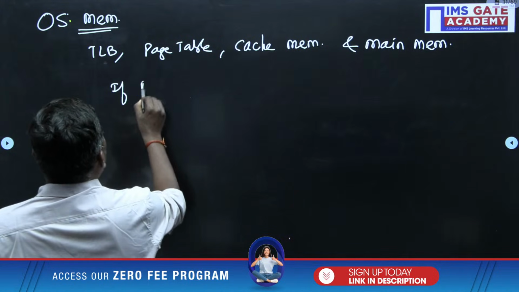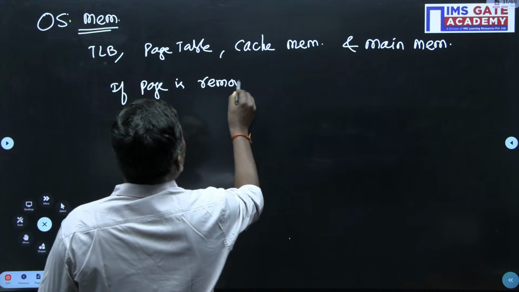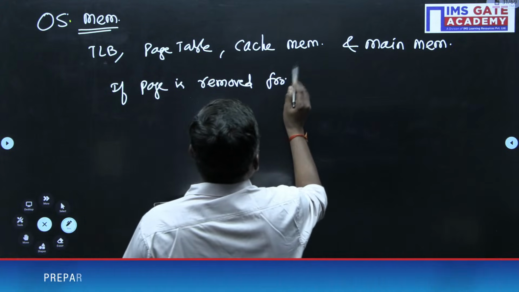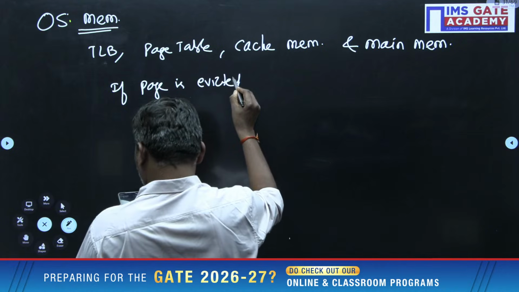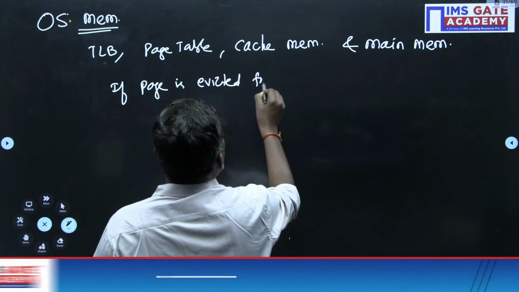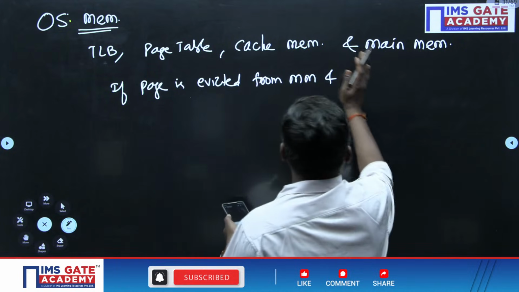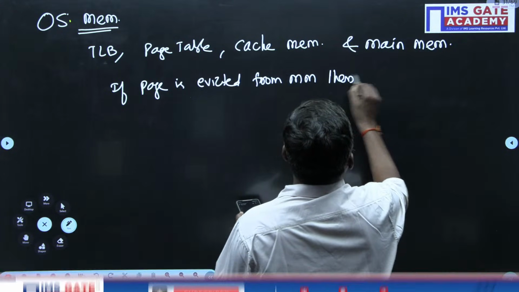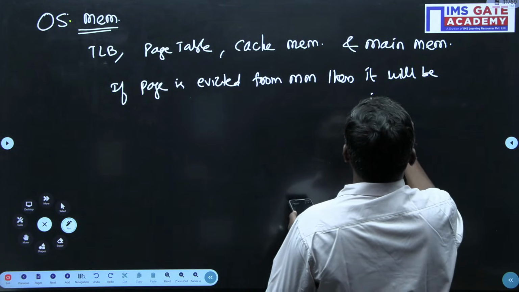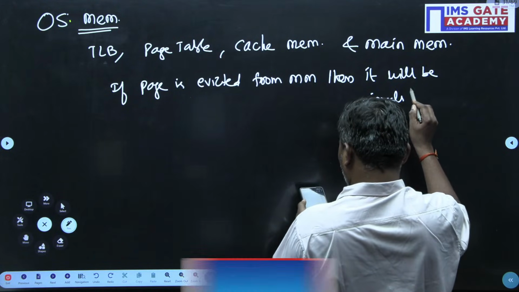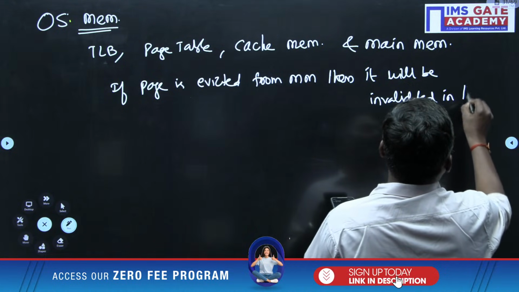So now if a page is evicted from main memory, then it will be invalidated in the cache.